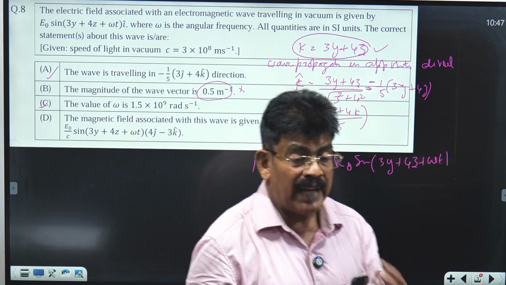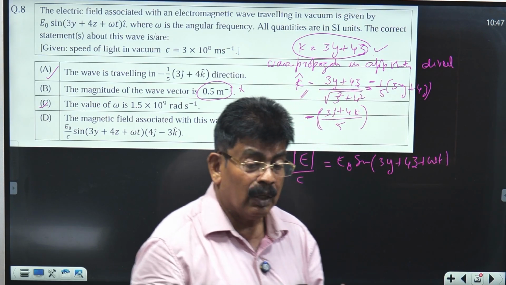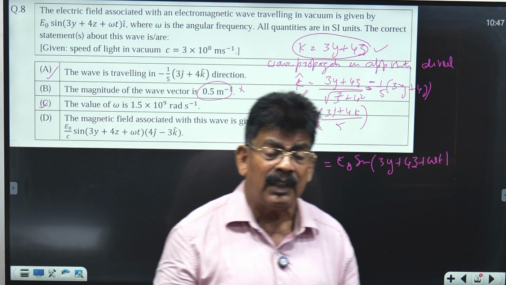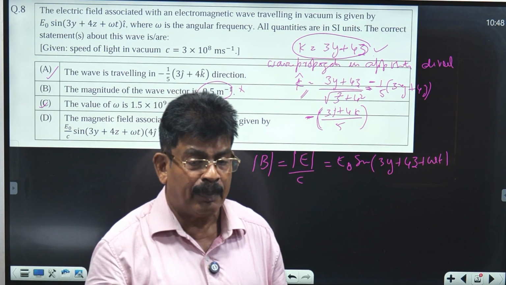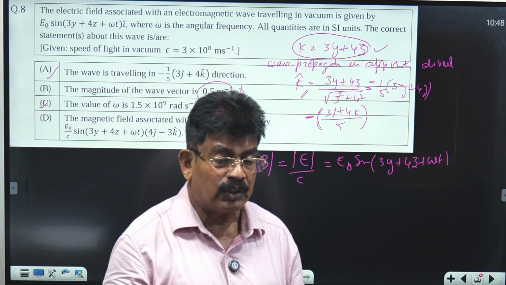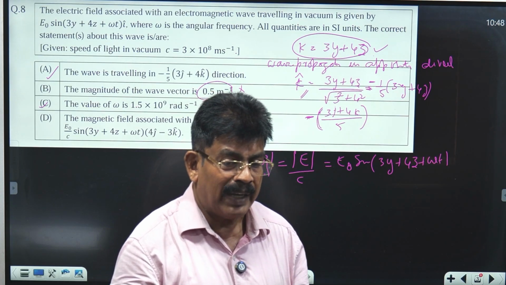Now we have to get the direction. Direction we are indicating by a unit vector. The unit vector in the direction of wave propagation is equal to the unit vector in the direction of electric field cross the unit vector of magnetic field.